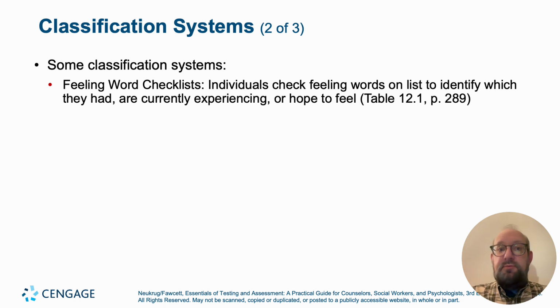It's a valuable tool for communication and interpersonal relationships. We're able to accurately identify and communicate emotions. Individuals can then better express themselves. So this feeling word checklist classification assessment is a great tool, even for specifically managing stress, managing anxiety, managing anger, right?